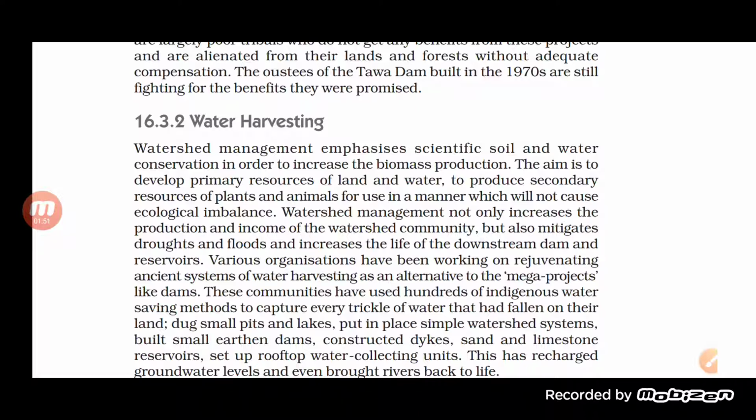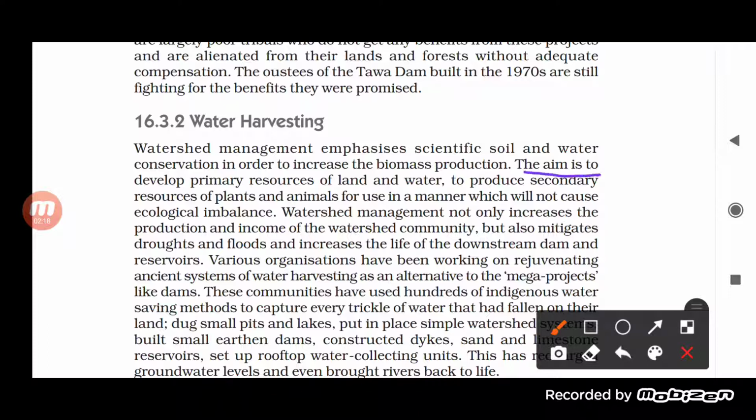Here it is written that watershed management emphasizes scientific soil and water conservation in order to increase the biomass production. And the aim is to develop primary resources of land and water and to produce secondary resources of plant and animal for use in a manner which will not cause ecological imbalance. So what is the aim of water harvesting?